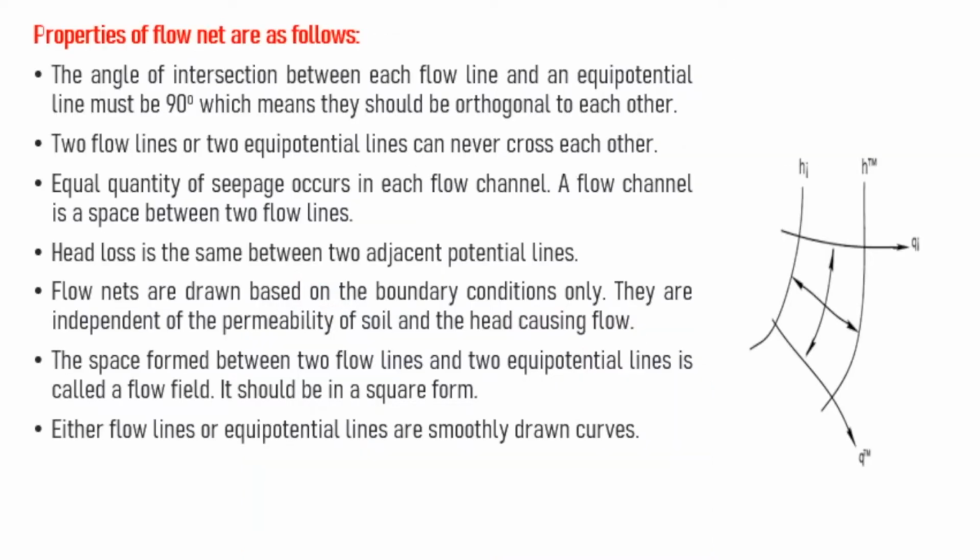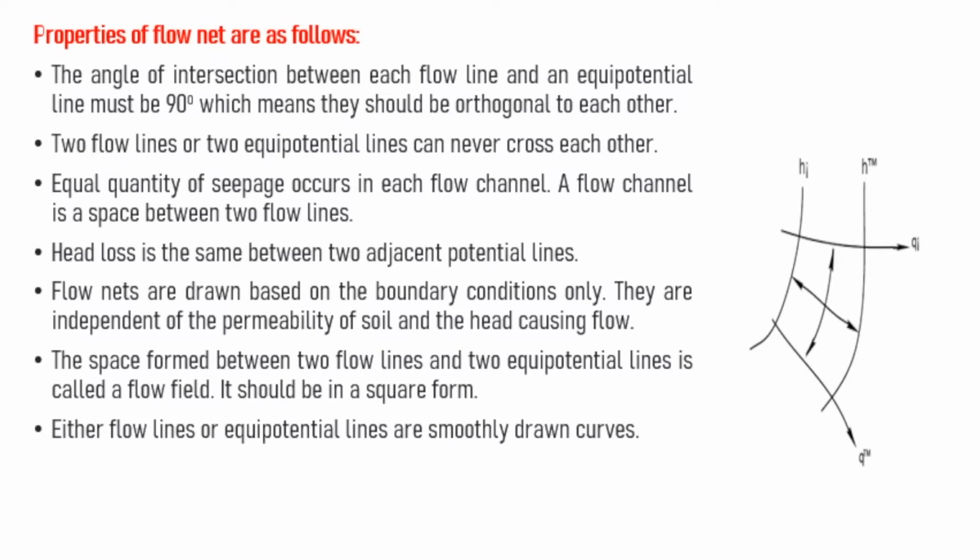So coming to the properties of a flow net. A typical flow net will basically have the angle of intersection between the flow line and equipotential line as 90 degrees, so they have to be orthogonal to each other. Two flow lines never intersect each other, and two equipotential lines can never cross each other.